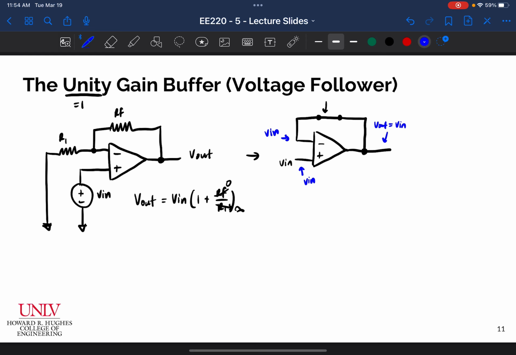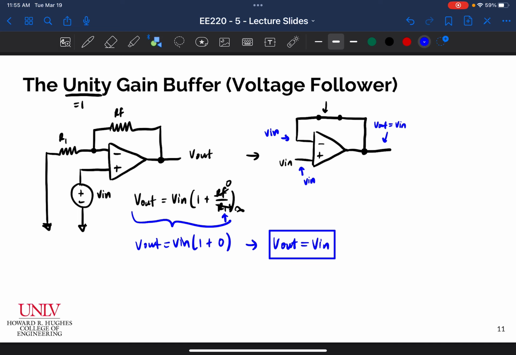And we are left with a voltage follower because the output voltage follows the input, or a unity gain buffer where the gain of the circuit is 1 if we look at it from this perspective, where V out is equal to V in times 1 plus, and then any combination of things which makes this term go to 0 basically just gives us V out is equal to V in.